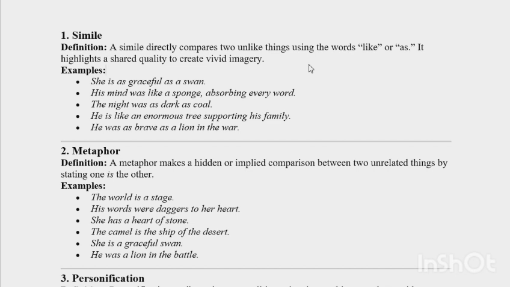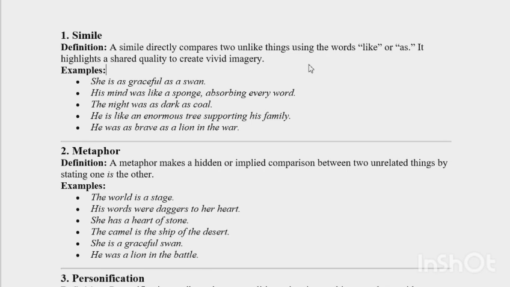It highlights a shared quality to create vivid imagery. So simile basically gives an idea, a picture, an image in our mind, a clear picture through which the author is trying to tell the end reader what he is thinking about.